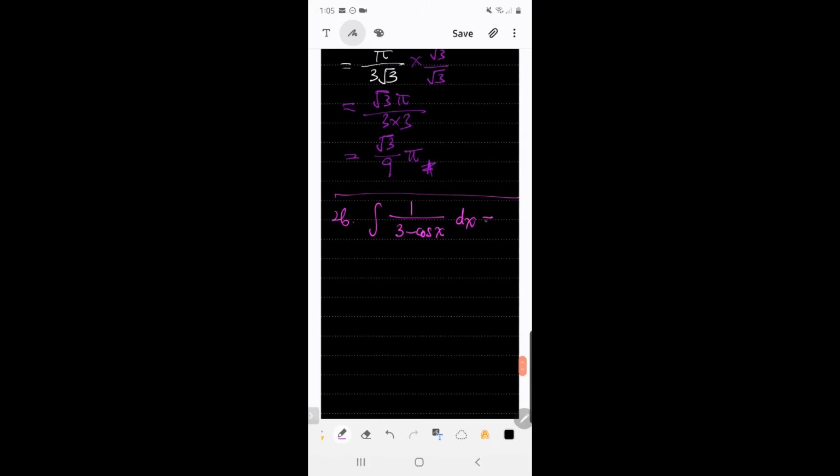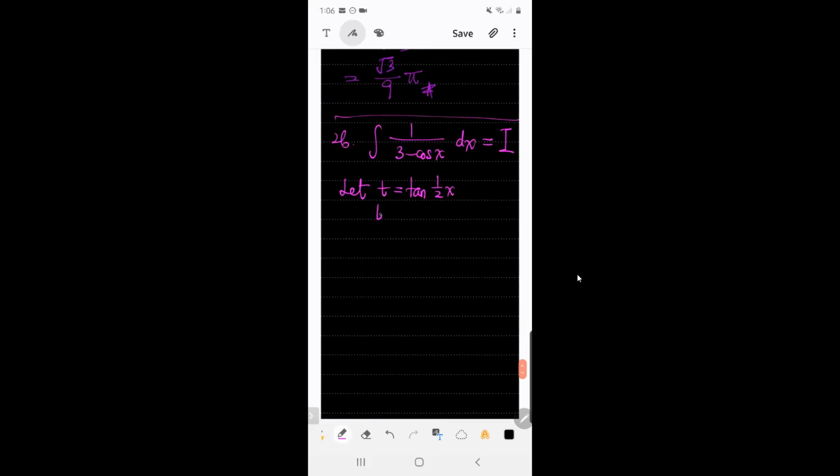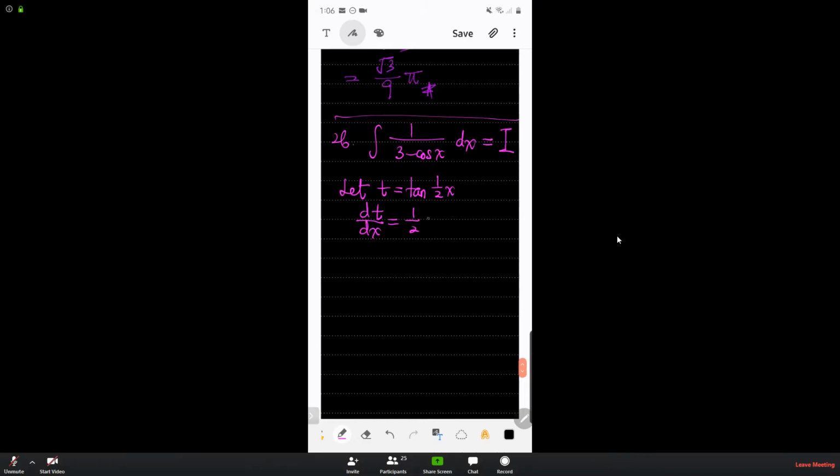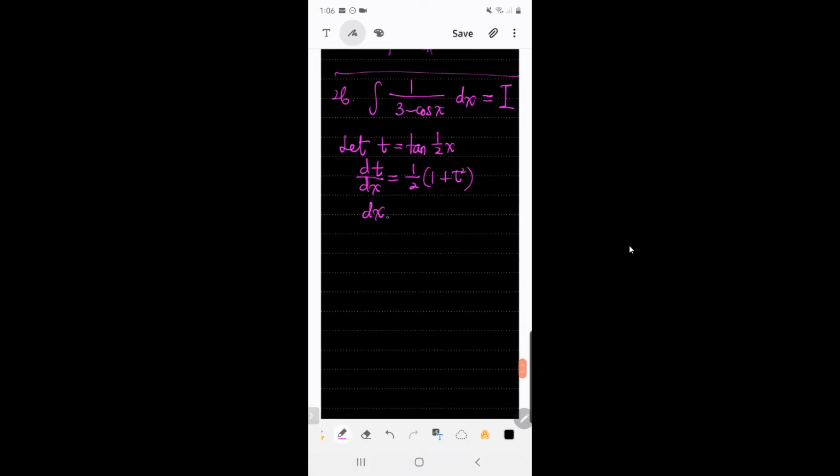Before I start, I call this integral I. I let t be tangent half x. So you have dt/dx equals half times 1 plus t squared. Therefore dx is equal to 2 over 1 plus t squared dt.